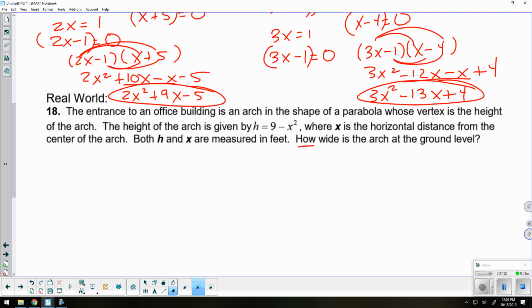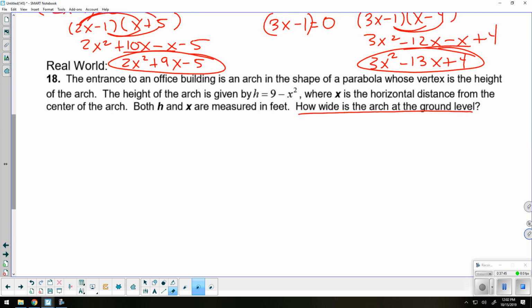Here's your main question. All right, I like to draw pictures for this. So again, it's saying that we're in an office building. The entrance to the office building is in the shape of an arch, in the shape of a parabola. So let's just say here's the doorway.